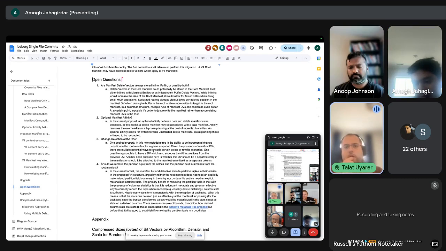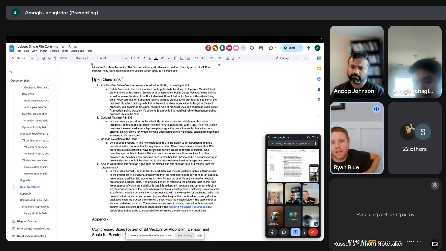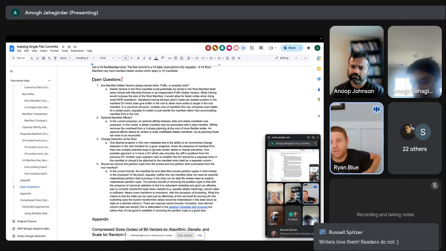I just want to ask, to improve my understanding, what is the problem with equality deletes? My understanding is that equality deletes are very useful for inserts, but Ryan, you say that they're cheap to write but very expensive to apply. Yeah. So equality deletes can't be combined across. First of all, they're not very narrowly targeted because you don't know where the file was. So the only thing that you can do is determine the partition that you're applying it to.